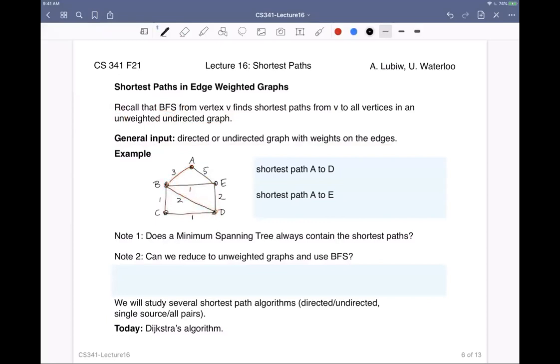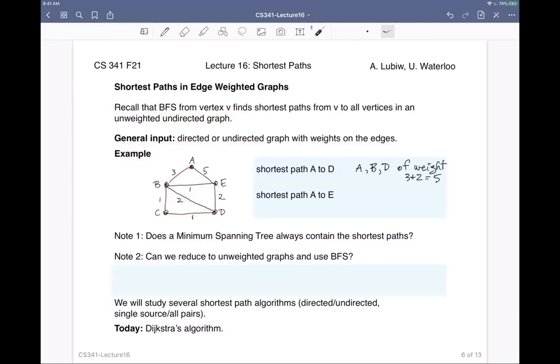And let's write down one of those possibilities. So A to B to D of weight 3 plus 2 equals 5. If there are multiple paths of the same weight, we might prefer the one that has the fewest edges.